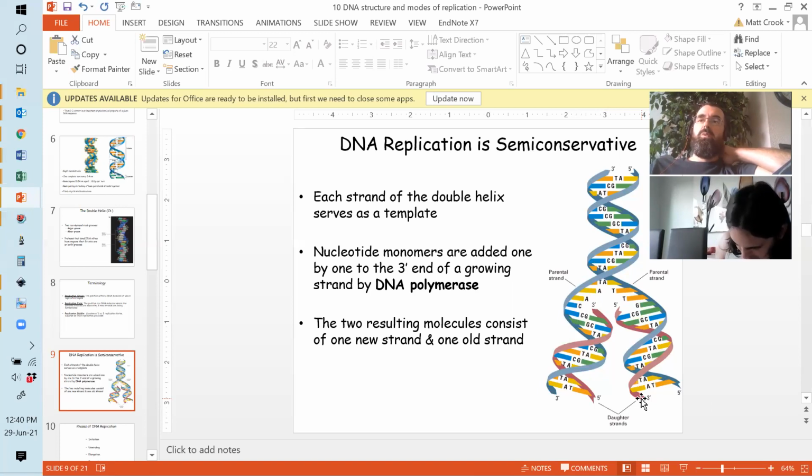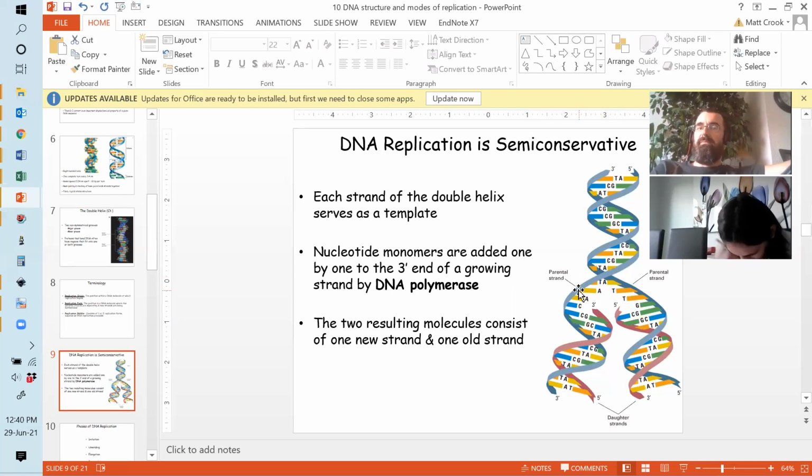Can anybody see what problem we now have? Right, replication of both strands proceeds at the same time in one direction, but because of the anti-parallel nature, replication actually physically exists in opposite directions.